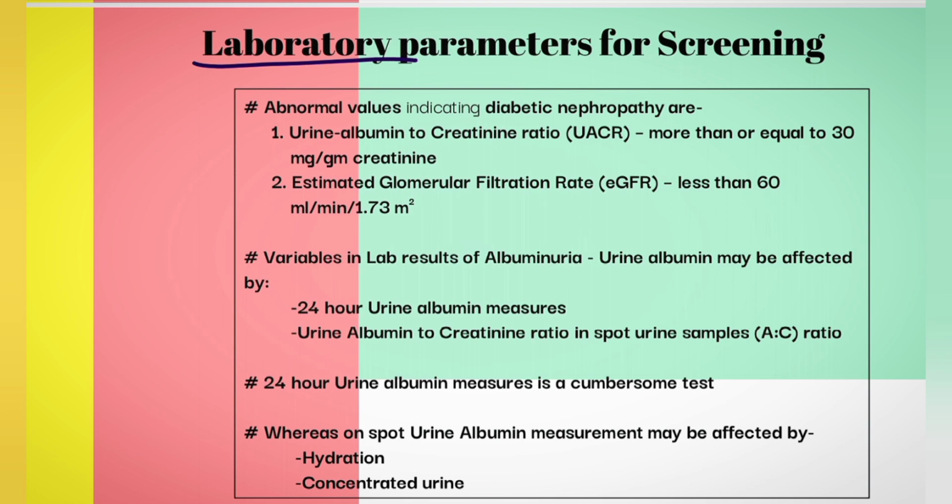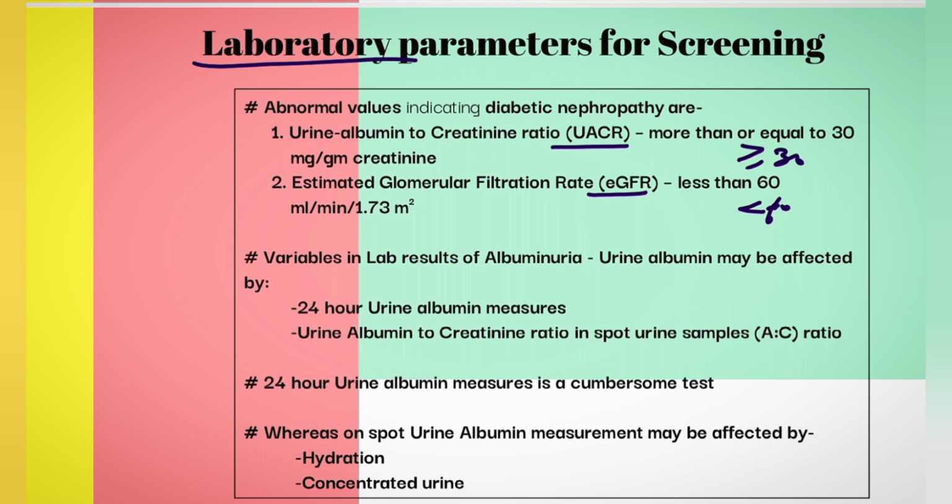When the urine albumin to creatinine ratio, UACR, is more than or equal to 30 milligram per gram creatinine, and or the estimated glomerular filtration rate, that is eGFR, is less than 60 milliliter per minute per 1.73 meter square, then in both conditions we can say the person has diabetic nephropathy.